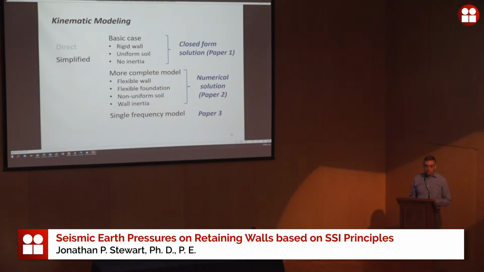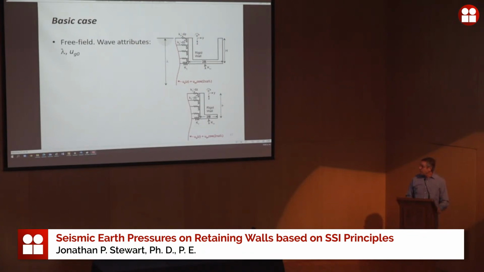All you need is a PGA and a friction angle, basically. So we need to come up with something similar in level of difficulty. So we need a single frequency or a simplified model, and that'll be the third paper. So as I go through this, I'll be focusing mainly on this first one and the third one with just a few brief remarks on the middle one.